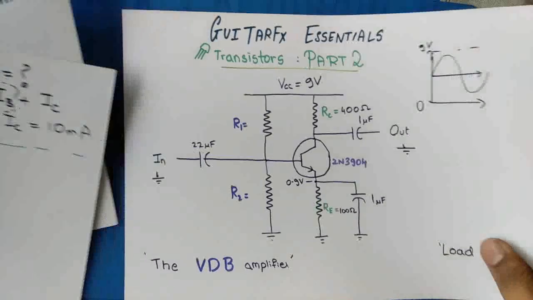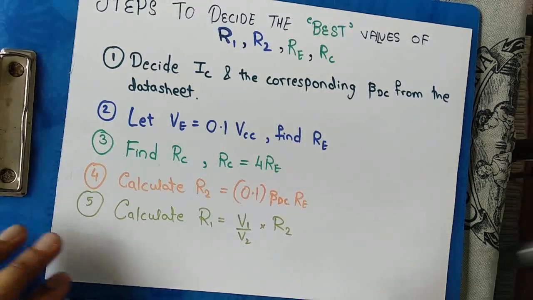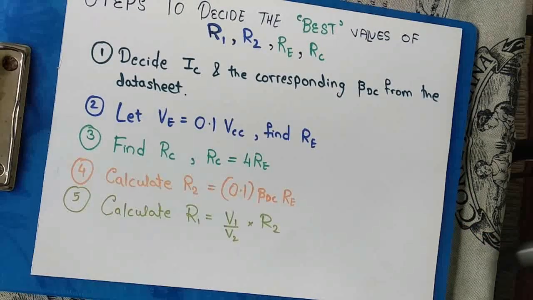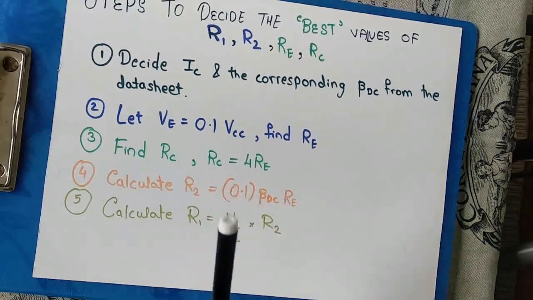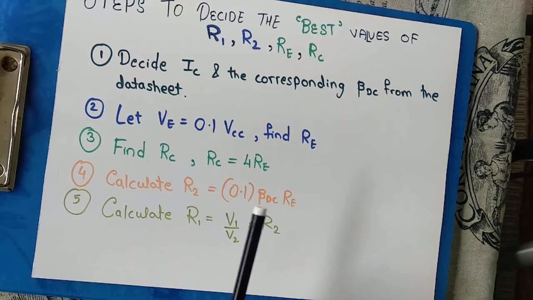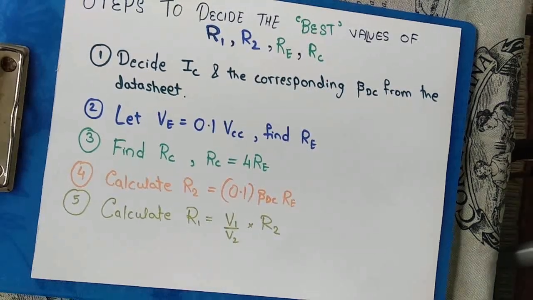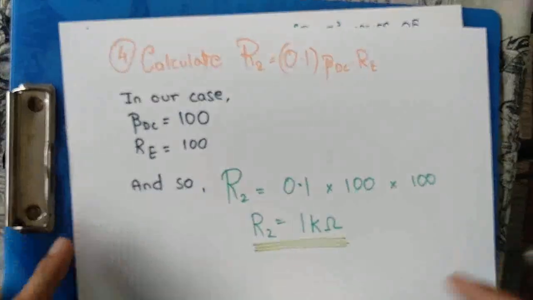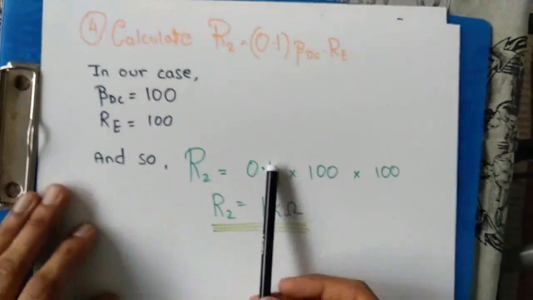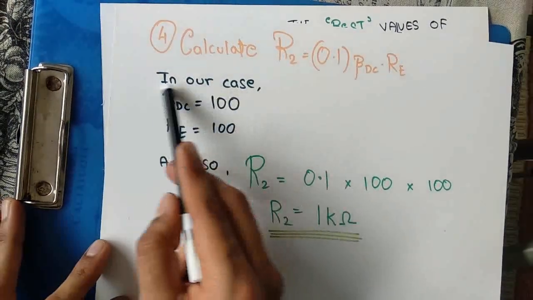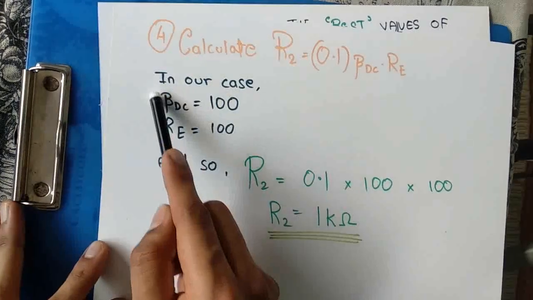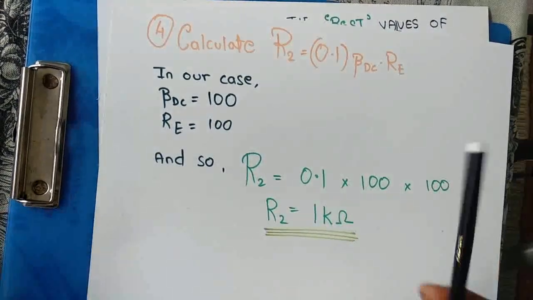Now, okay, here's the sheet. The way to calculate R2 is we multiply 0.1 into beta DC into RE, which basically is 0.1 into 100 into 100, because we chose the beta value to be 100, although it had a range from 100 to 300.